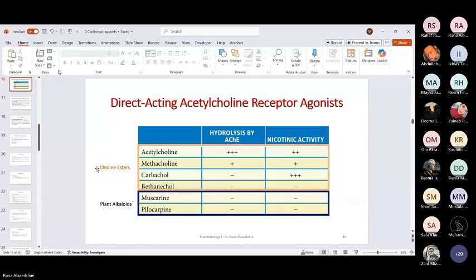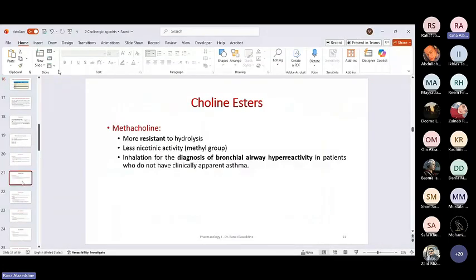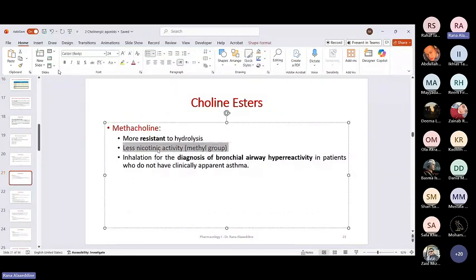So, more resistant to hydrolysis, less nicotinic activity, but at the end of the day, it's still hydrolyzed and it still has some nicotinic activity, okay? What actually do we use it for? We use it for checking if the patient's bronchi are sensitive, okay? So we give it in the form of inhalation in the lungs.